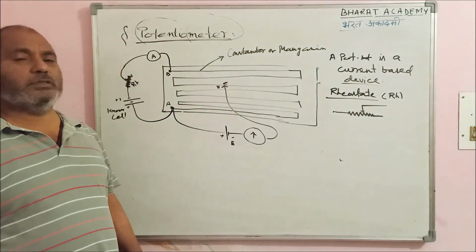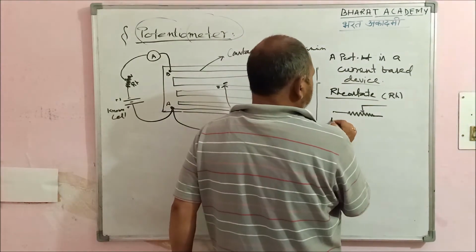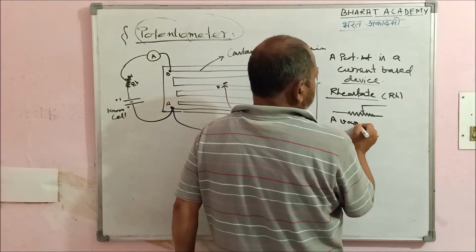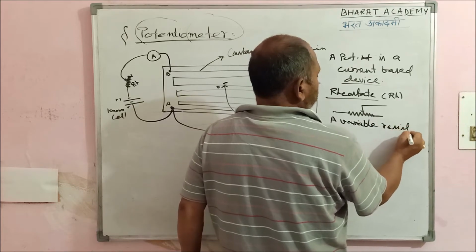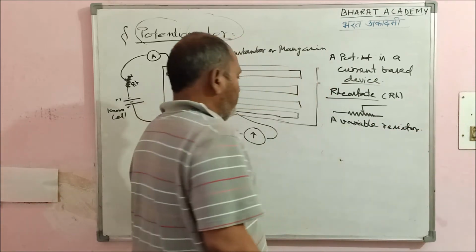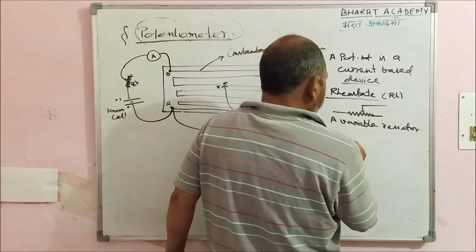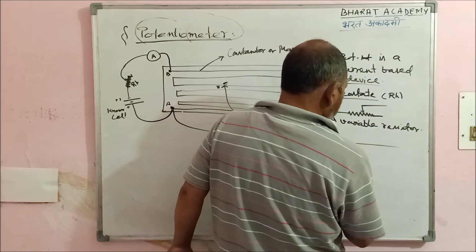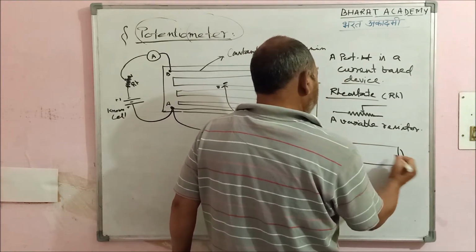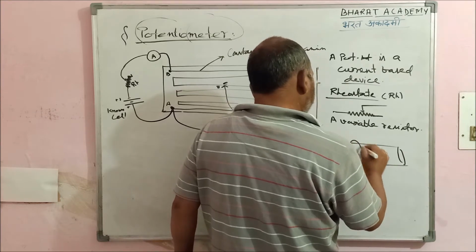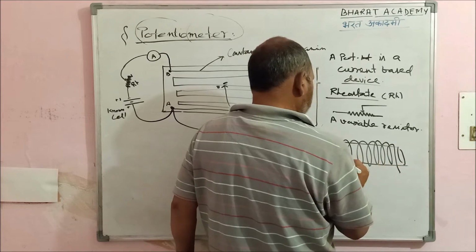Now, what is a rheostat? Remember, it is a variable resistor. If you see it in the lab, you will find a black cylindrical box like this.